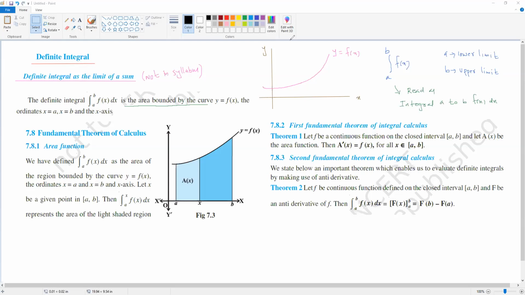इसका ज्योमेट्रिकल मीनिंग इतना ही है. सो इधर होगा आपका मान लीजिए this is your point x is equal to b.